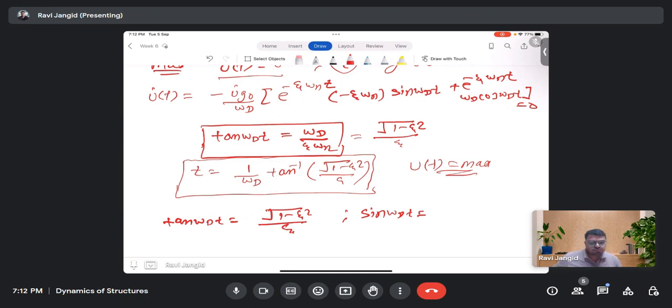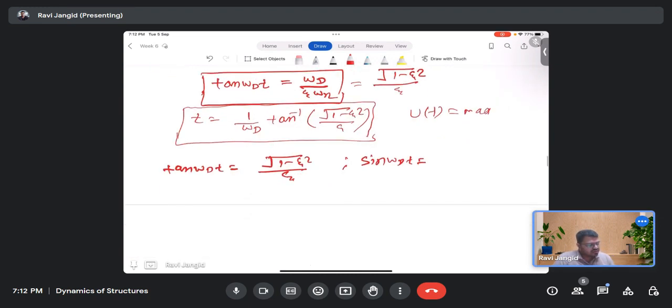Square root of 1 minus xi squared, divided by the square root of xi squared plus the square root of 1 minus xi squared, whole squared. Let us suppose that is omega_d t: if the opposite side is square root of 1 minus xi square, the adjacent is xi.